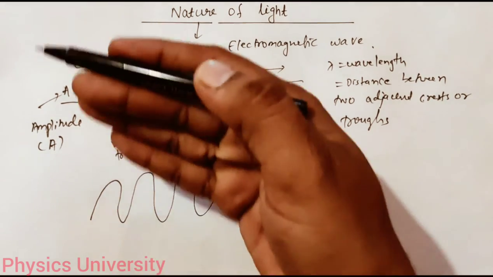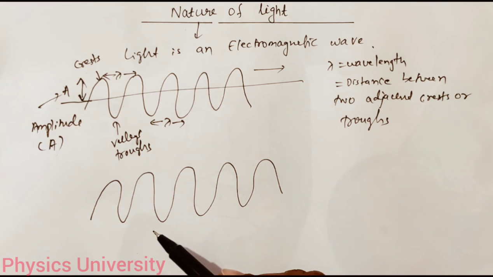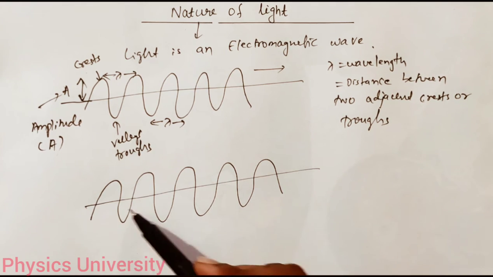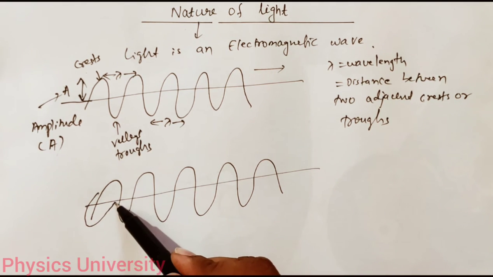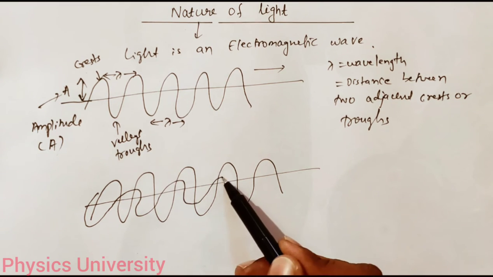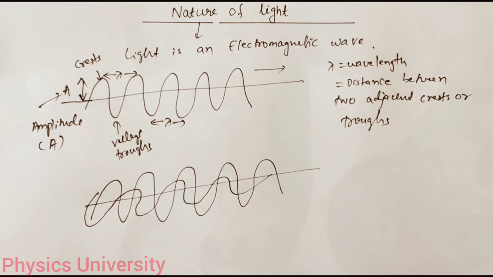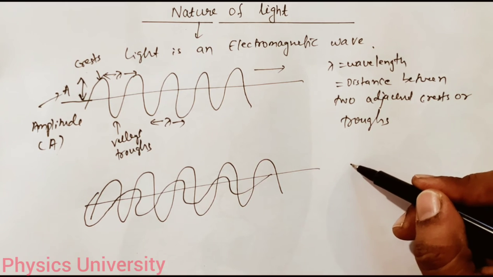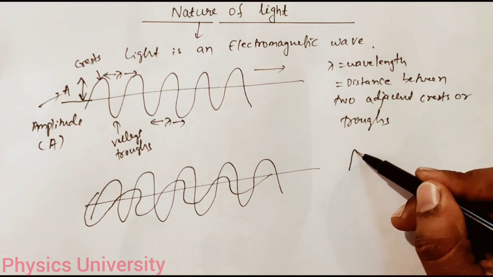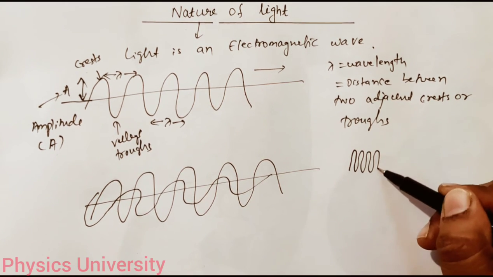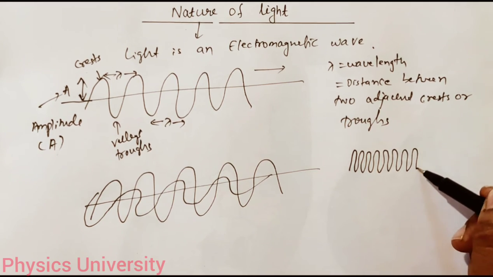So if in one plane the electric field is oscillating, in another plane there will be magnetic fields oscillating this way, right? So it is a little complicated wave, but to simplify we can understand that light wave looks something like this. If you take only the electric field component, light wave looks something like this.